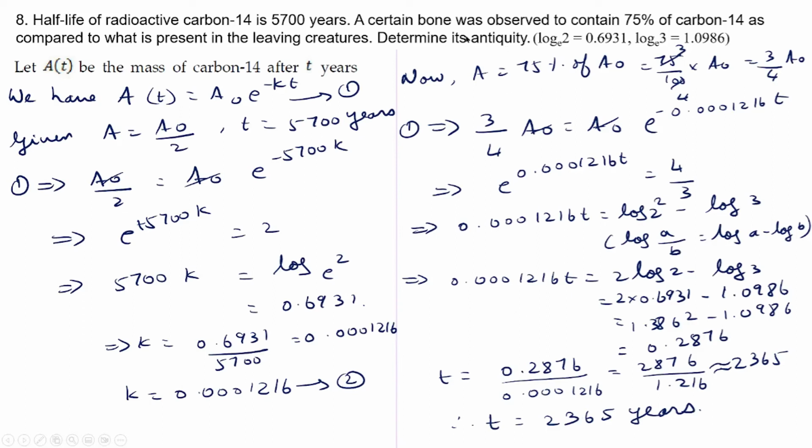So the age of the bone is 2365 years. Therefore, this bone, which was observed to contain 75% of carbon-14 as compared to those in living creatures, its age is 2365 years. Moving on to the next question.